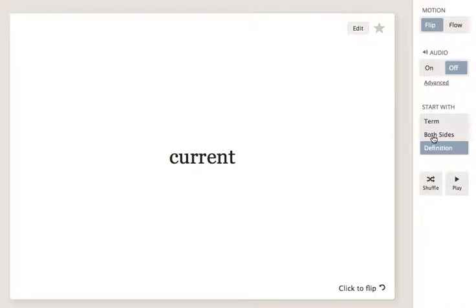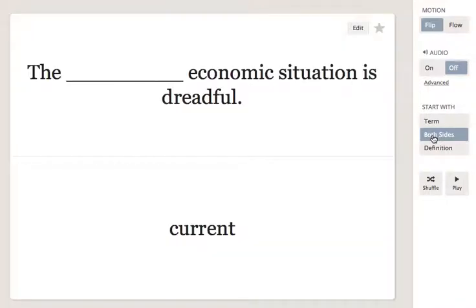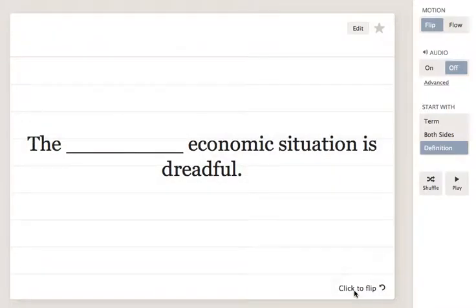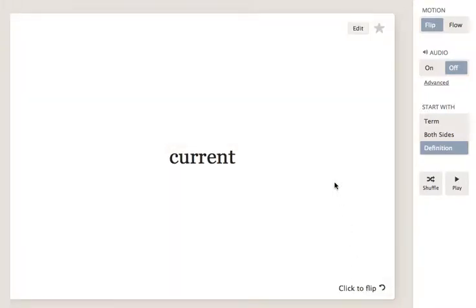Well, I suggest you look at both sides. Now try again. And you can go back and see it. So this is one way of doing what I call an inverse cloze test. You're not putting the word in the space, you're putting the context around the word.